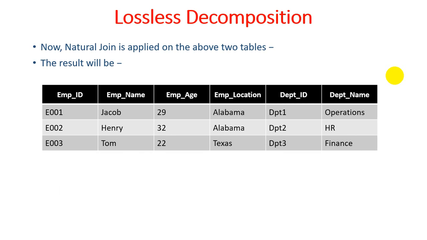So through this example we prove that if we perform a natural join among the decomposed tables, and we get the original relation at the end of the result, then the relation has a lossless decomposition. And I think it's really easy to understand lossless decomposition through this example.